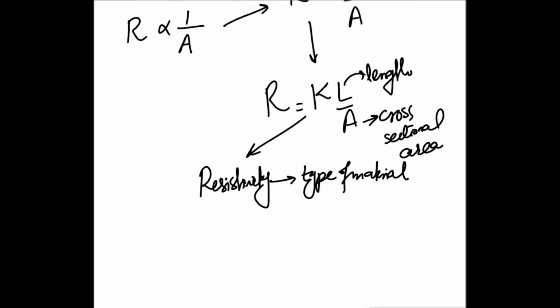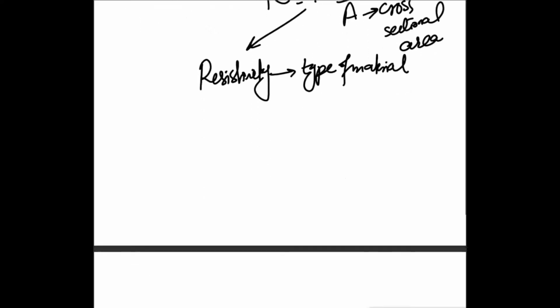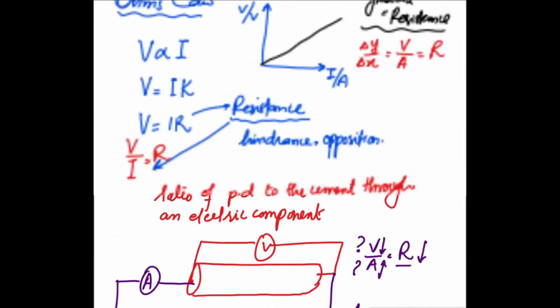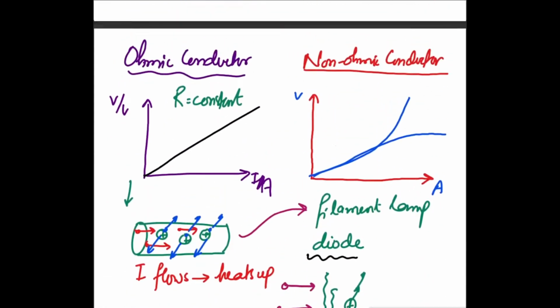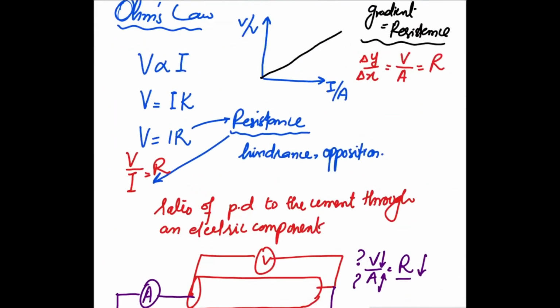The unit is a bit interesting as well. So if I do the unit analysis for resistivity, I'll have to look at this one. By the way, the unit of resistance that we have done so far is ohms, and we draw it like this as omega. The Greek symbol omega represents ohms, right?